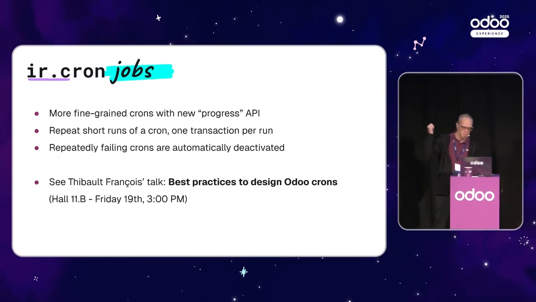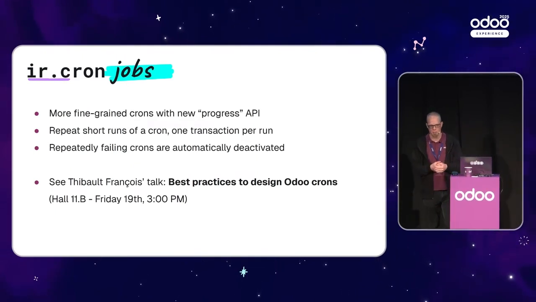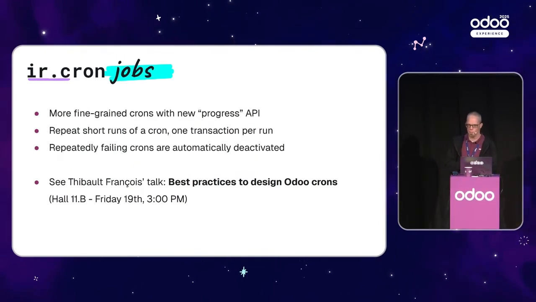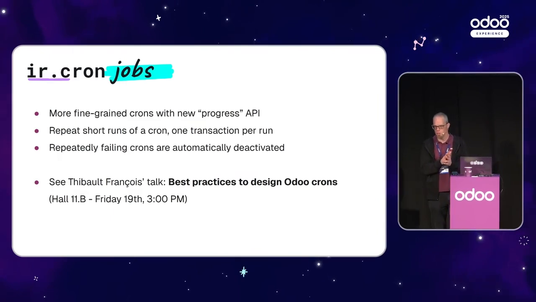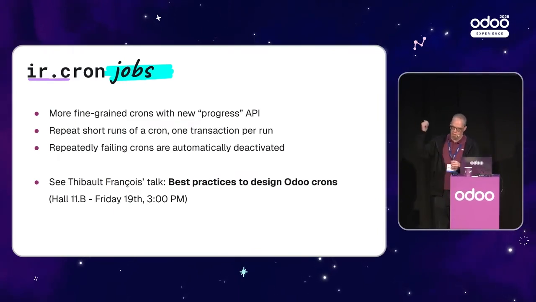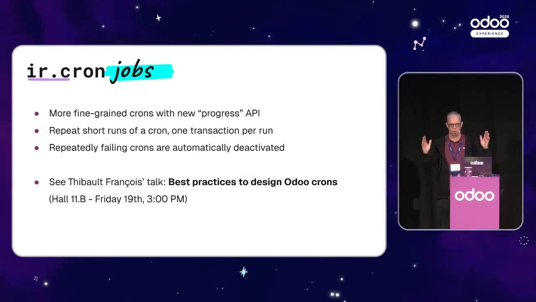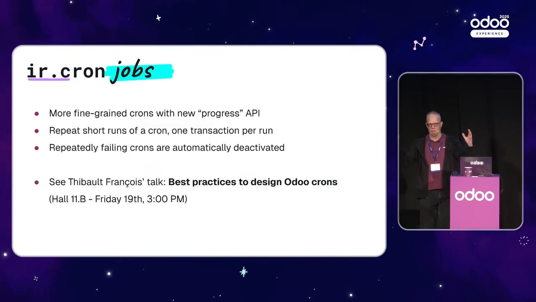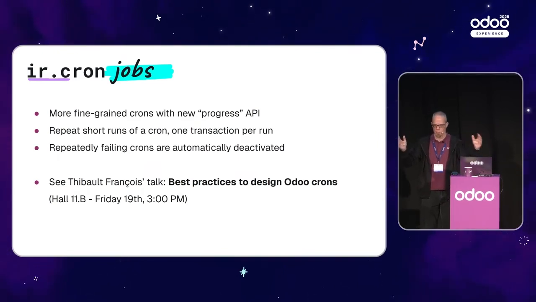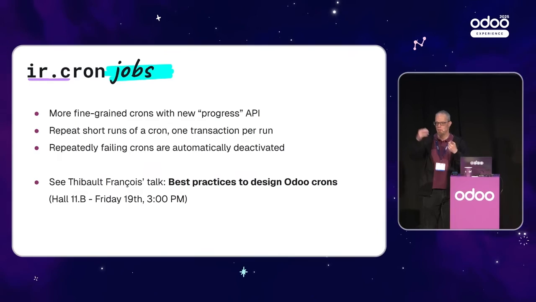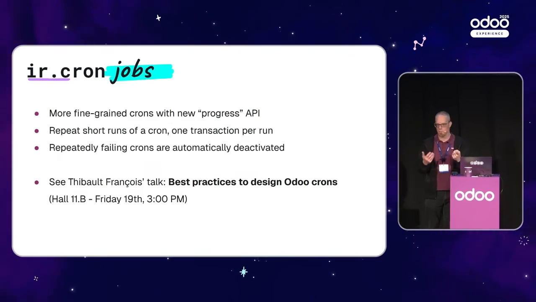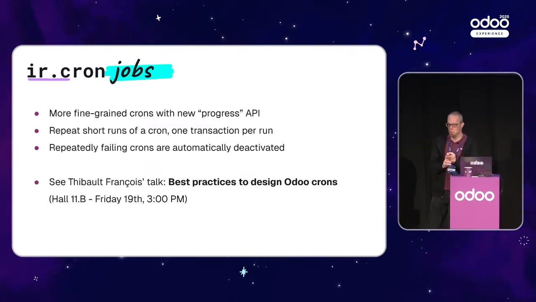Okay, we've actually improved the API of that thing, and we've been through all the crons in Odoo to make them use this API. And essentially, the trick is to avoid a cron that lasts for too long, that processes too many records, because it makes a large database transaction. And big transactions are more likely to have serialization errors because of concurrent updates in the database.